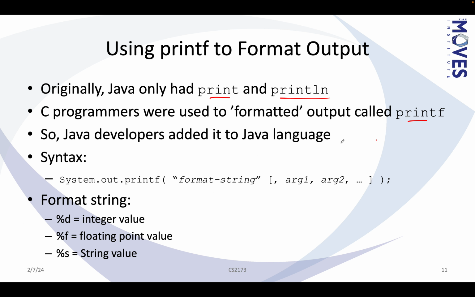Some of those have been not so great, but anyway, this was one of the good ones. Printf is actually what you may have noticed is that the previous alternative way of formatting, there are these number format objects that you can create, and that's a bit of overkill for a lot of stuff that you want to deal with. So printf is kind of a nice way of doing it, and its format is as follows.